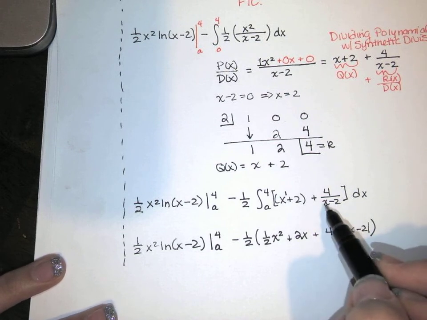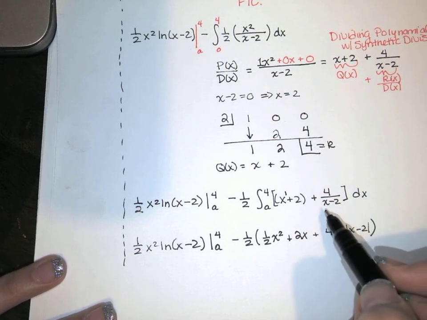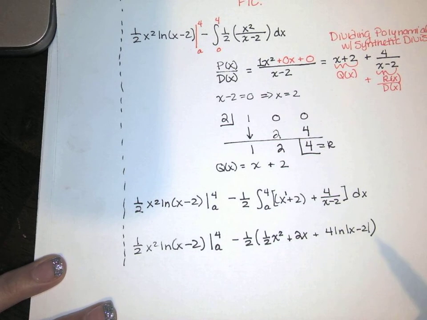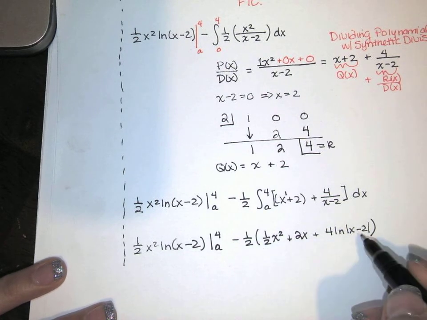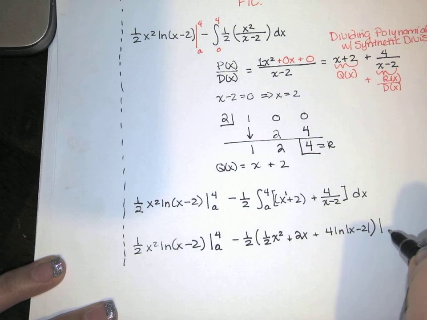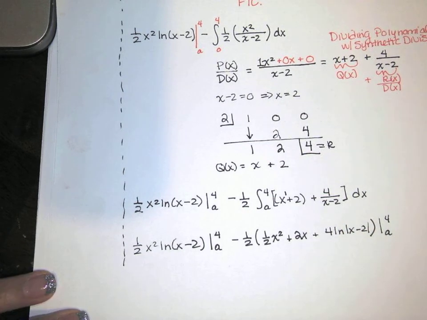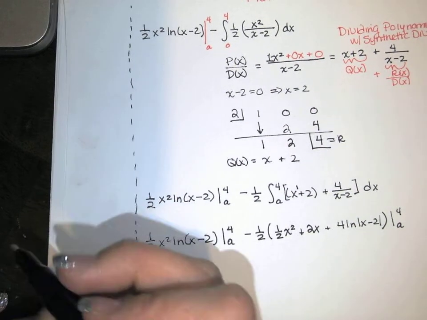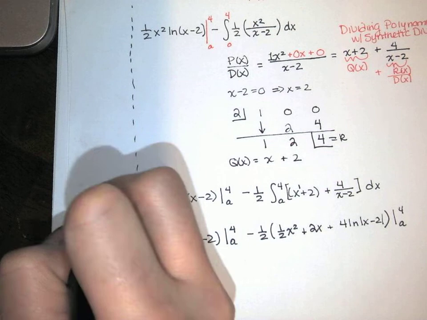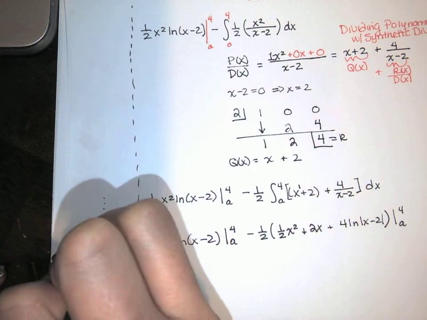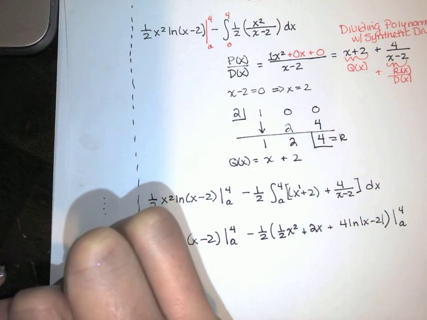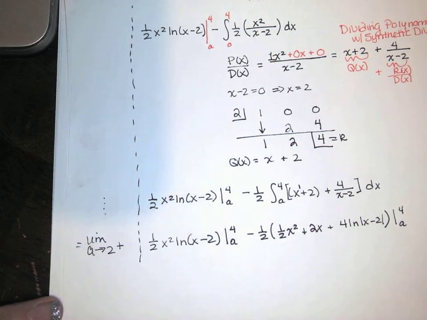Since u is so simple, since its derivative was just 1, I felt like I could do the u sub in my head. So we're going to do this, and then it needs to be evaluated from a to 4. And don't forget, we're taking the limit of all of this as a approaches 2 from the right in a little bit.